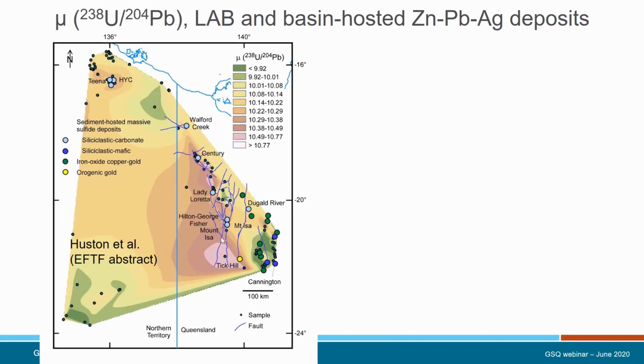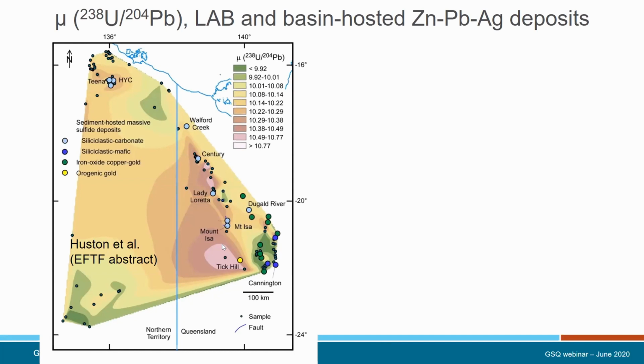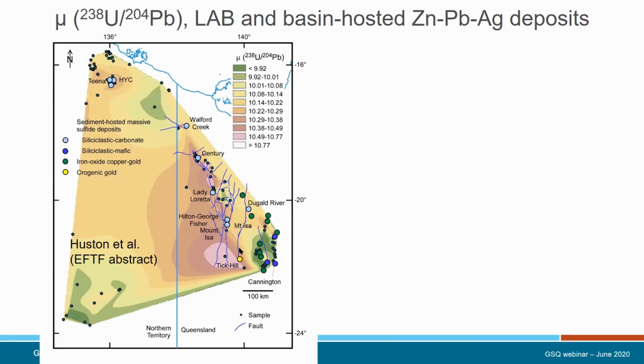If you look in detail, there's a lot of complexity within that lead isotope signature, and that might relate to some of the structures that you can see, and again, that trend that we talked about before. So that's the lead isotopes.